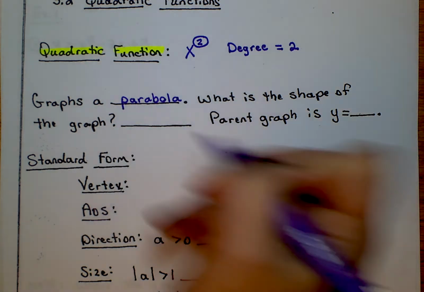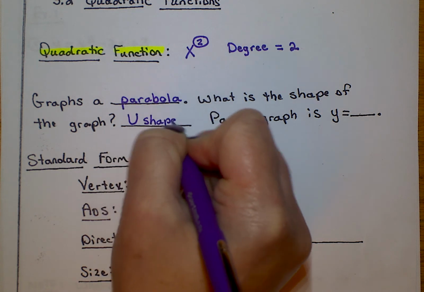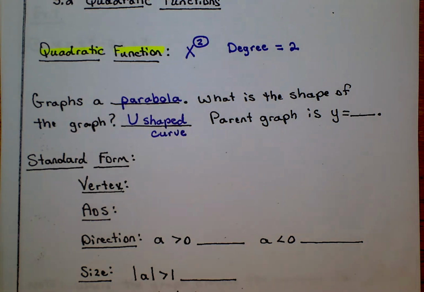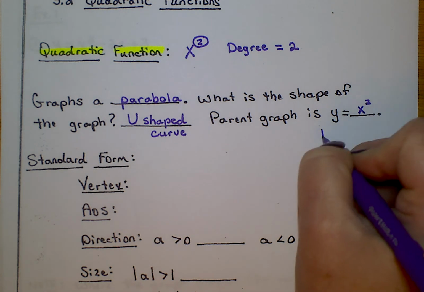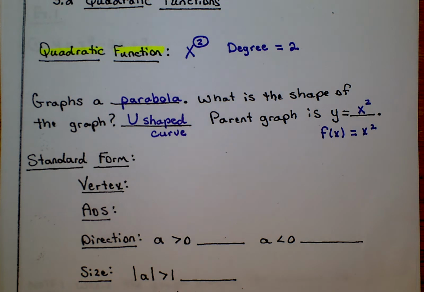The shape of a parabola is a U-shaped curve. The parent graph of a parabola is y equals x to the second, or instead of y equals, you might have f of x equals.